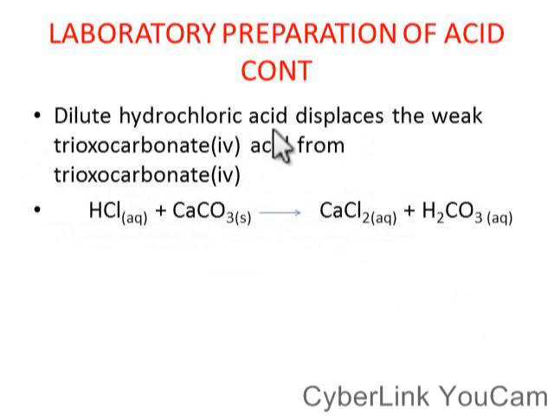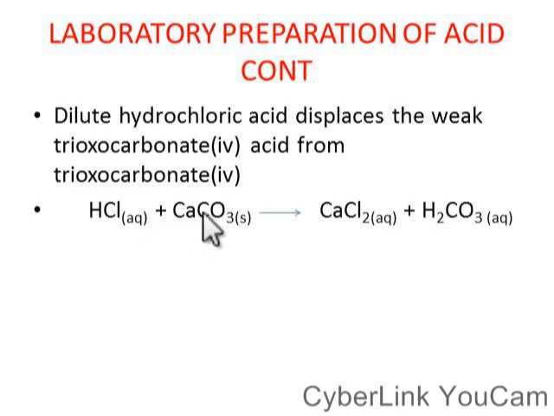Dilute hydrochloric acid displaces the weak trioxocarbonate 4. This is another way of preparing acid. This is a dilute hydrochloric acid. This is a salt, but this one is displacing the other one. So in this case, this is a metal.